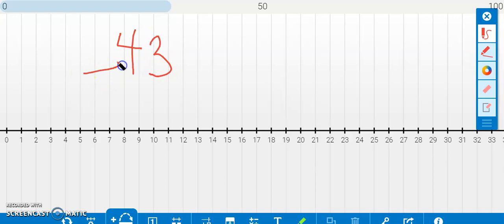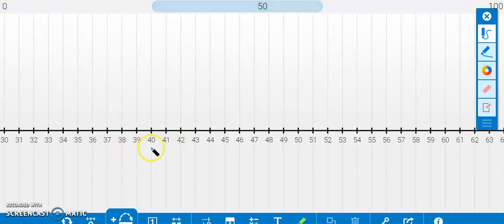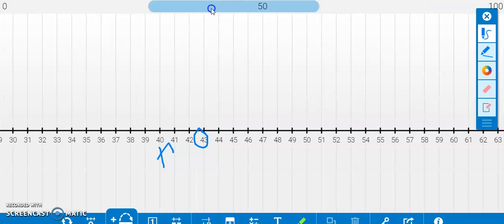So we're going to go ahead and take a look at the tens place and also the ones place. So we know the tens place is going to be, that's T for tens and O for ones. The tens place is going to be somewhere around the 40s, right? So here we have 20, 30, 40. So here we go. And 43. All right. So that was easy enough, right?